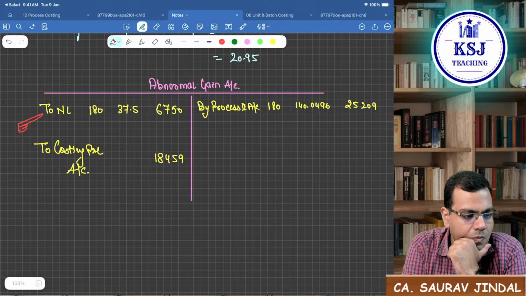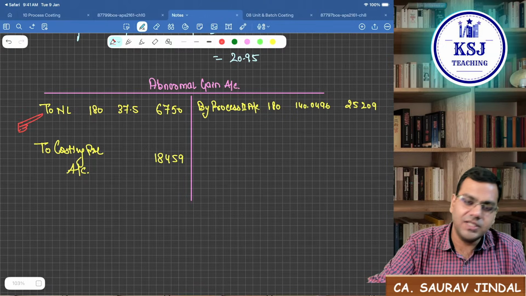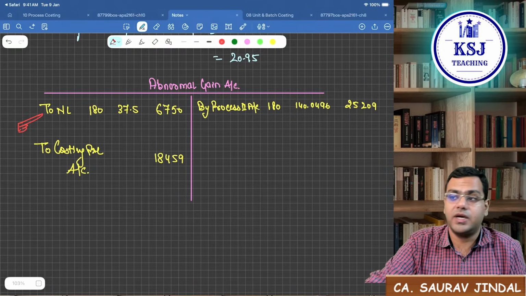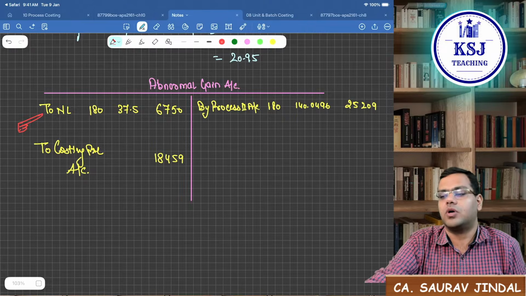Clear? Okay, so the next topic, which is very, very important, is valuation of WIP in process account.